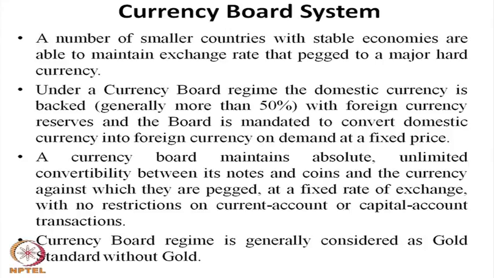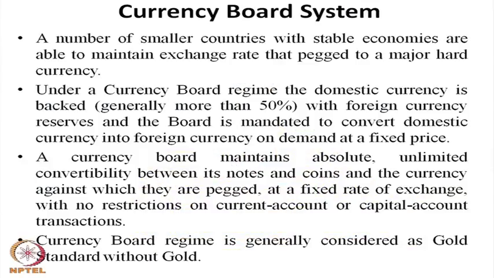The currency board regime is generally considered a gold standard without gold, because under the gold standard the fixed exchange rate is linked to gold, and the currency rate is determined on the basis of the mint price of gold. Similarly, in the case of the currency basket system, the domestic currency is pegged with the foreign currency, and exporters and importers all convert their domestic money or foreign currency at the fixed rate.